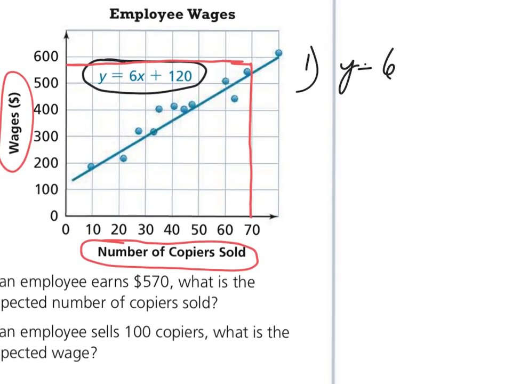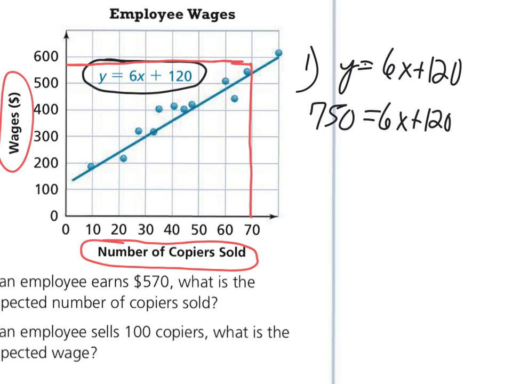So here's our equation, and it's saying if they earned $750, so that would be their wages. So we put 750 in place of the y, and then we're going to solve for x. So we subtract 120.